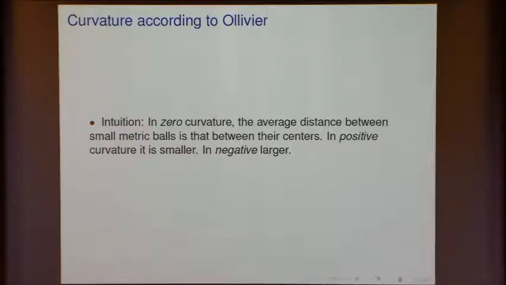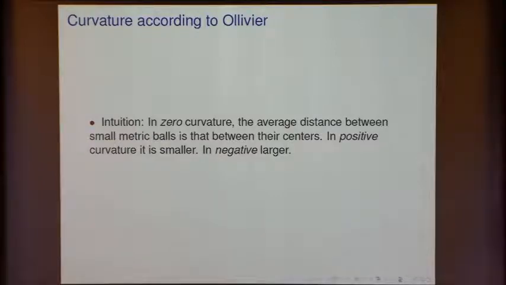So the intuition, I'm going to define this. It's a very simple definition, and it tries to capture the following intuition: in a flat metric space, when the curvature is 0, it sort of says that I can shift points in parallel.